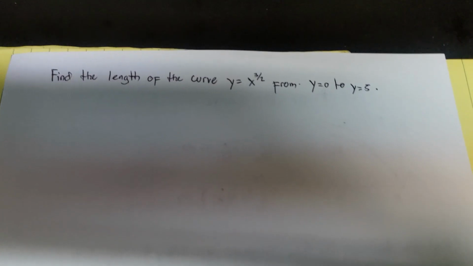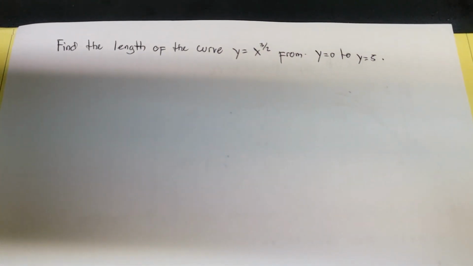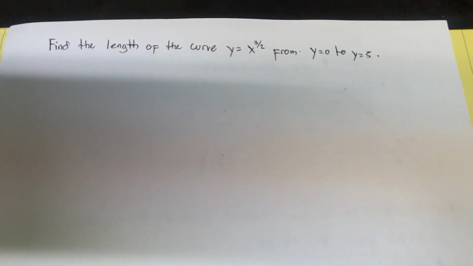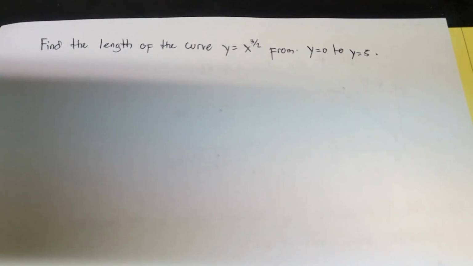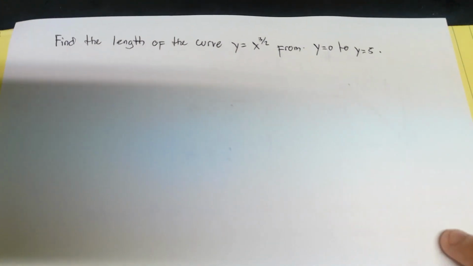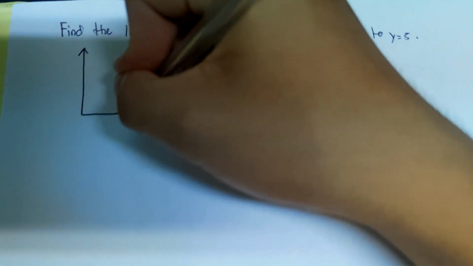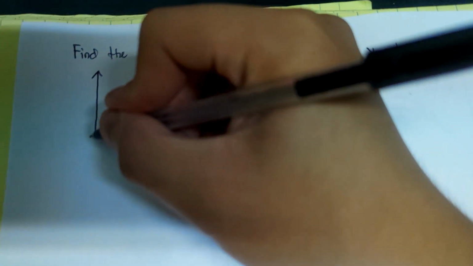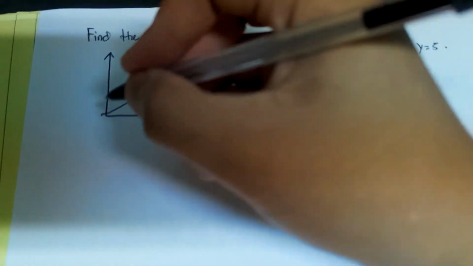So next we have our next problem here. Find the length of the curve y equals x raised to 3/2 from the interval y equals 0 to y equals 5. We can draw our function like this. Our curve will be like this.